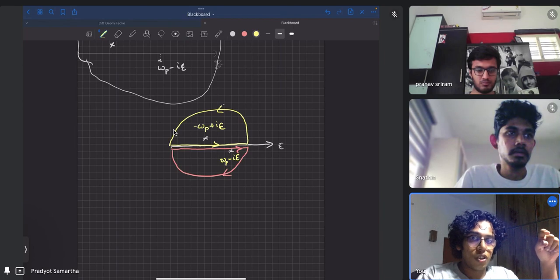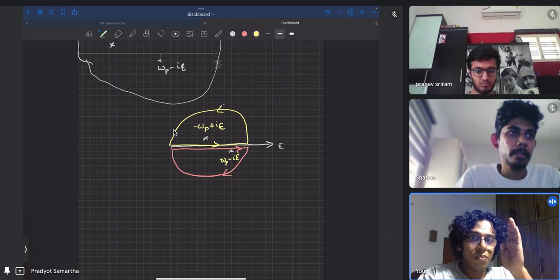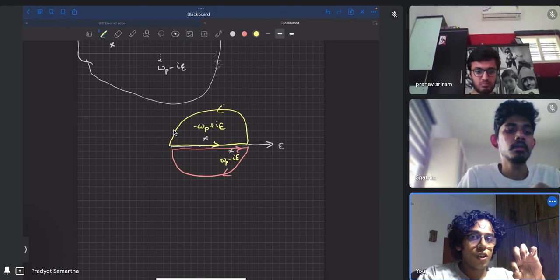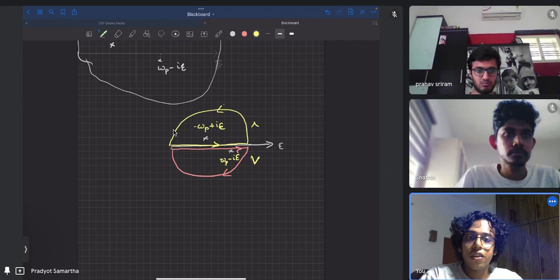That means you can divide your contours into two parts, one with negative frequency and one with positive frequency. With negative frequency, it moves in positive time, and with positive frequency, it moves in negative time. If you look at the direction of the arrows here, this is this and this is this.